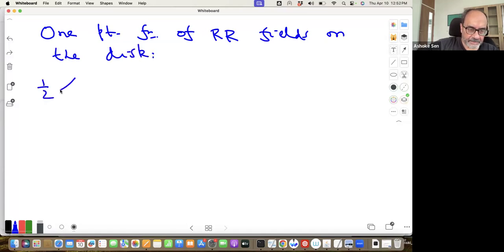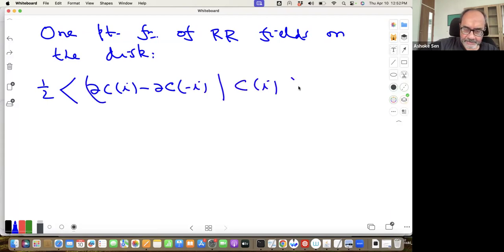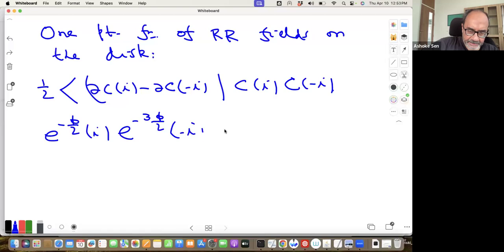That becomes del C of I, minus del C of minus I, C of I, C of minus I, e to the minus 5/2 phi of I, e to the minus 3/2 phi of minus I, and then S A of I, and gamma 1 to gamma, sorry, S A dot of I. Something is not quite correct here, I think.